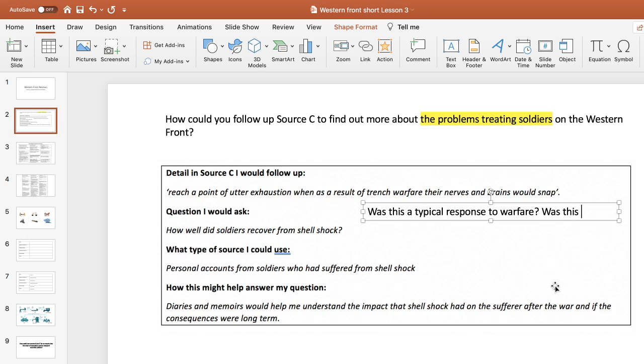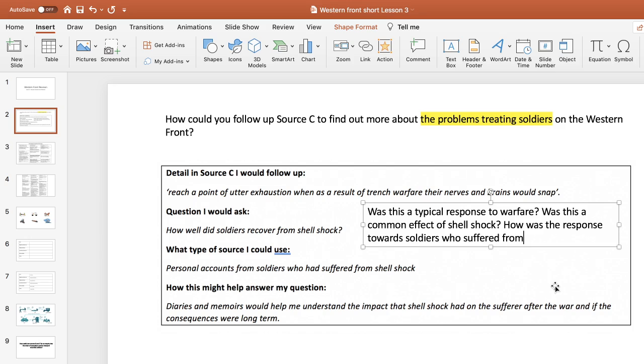Was this a common effect of shell shock? How was the response towards soldiers who suffered from shell shock?